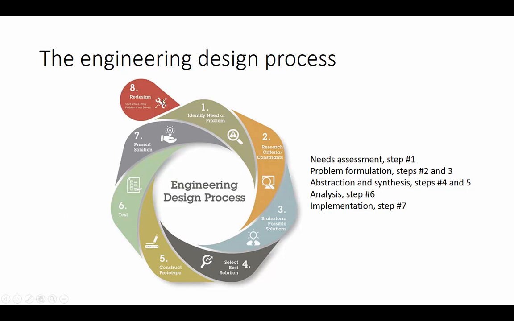Maybe you go back to redesign and do all this over again to refine that. So this is a little more detailed engineering design process, and I think one that makes a little more sense in terms of engineering design processes that you'll be doing as bioengineers.